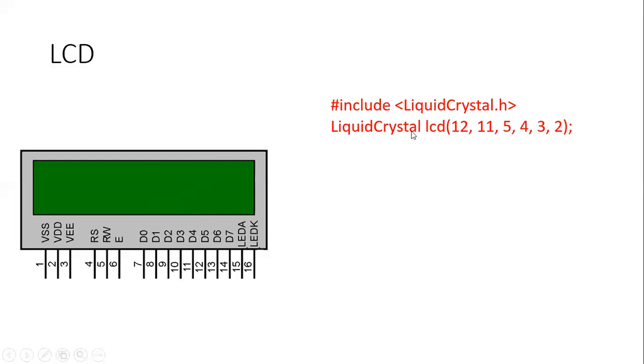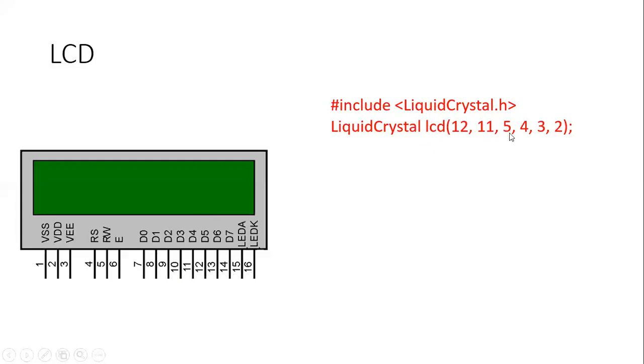Here pin number 12 is connected to the RS pin, pin number 11 is connected to the RW pin, and pins 5, 4, 3, 2 are connected to the data pins. It depends on the LCD manufacturing details.